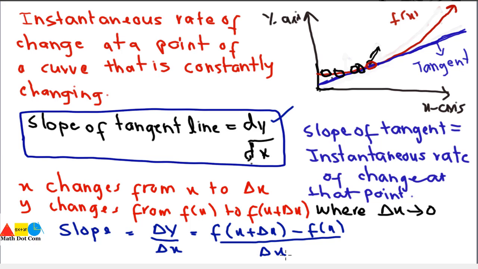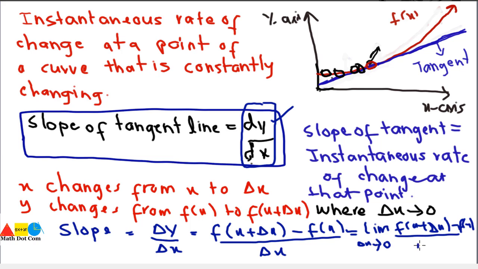Now keep this in mind that this delta is basically for change, and dy by dx is the representation of the differentiation or the derivative. So I have to put the limit del x approaches 0 here as well. This is very important as we are looking for the instantaneous rate of change. So f of x plus del x minus f of x divided by delta x.